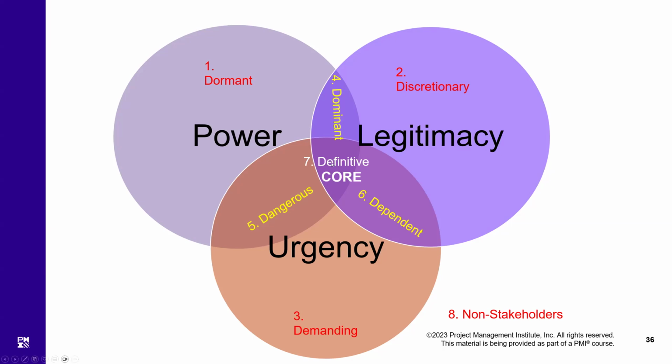They are most important to us, right? And then the 8th, which is outside of all these circles, are those people who are low in power, low in urgency, low in legitimacy. They are generally considered non-stakeholders. We don't need to take any action about them, but we have to keep monitoring them.